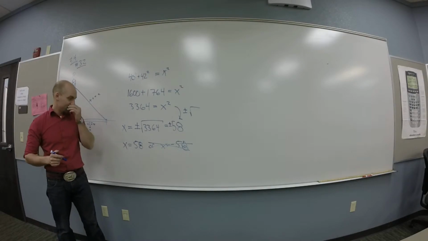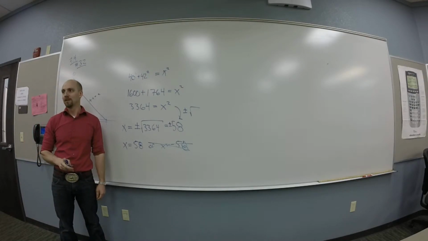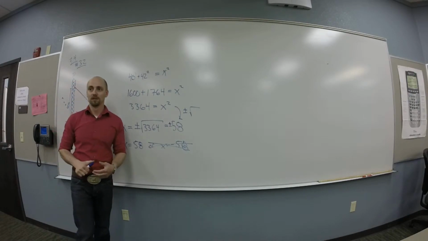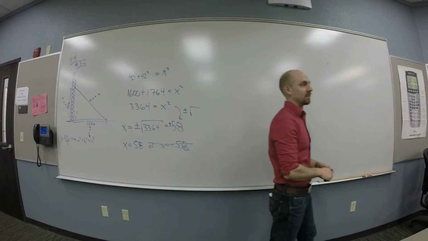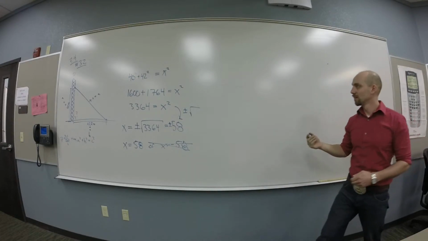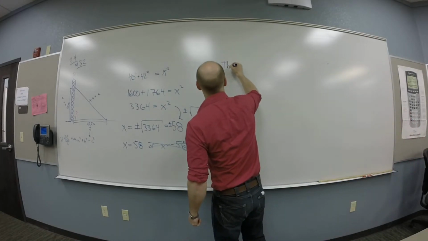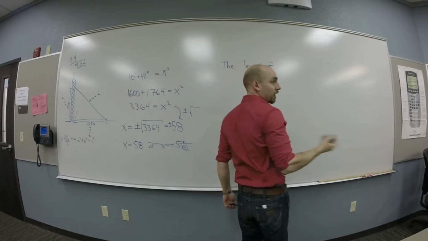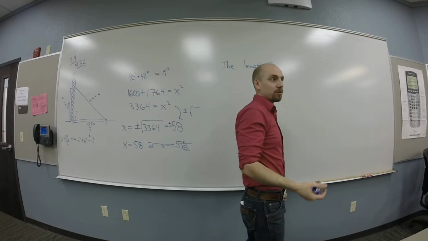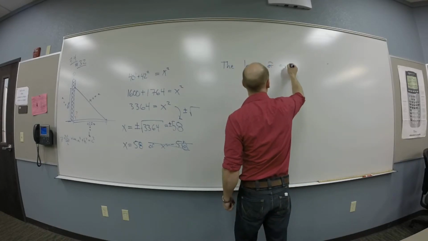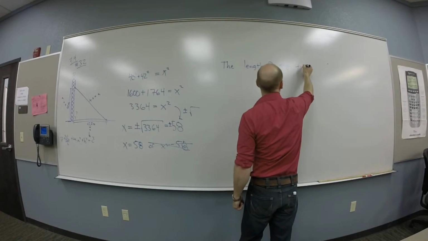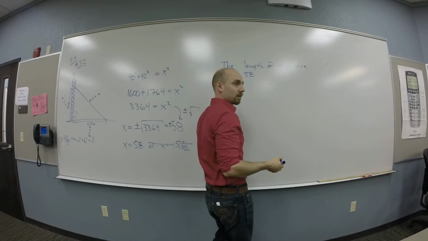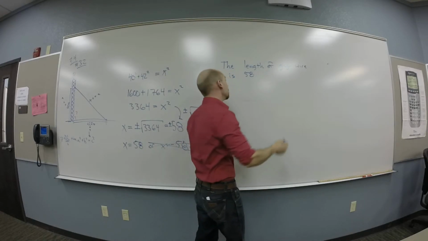So do I circle 58 and call it a day? Yeah, we should write a sentence, right? Like a person. What's your sentence like a person say? The length of the line is going to be 58 feet. Okay, so the length of, and they called it something, so I should call it that too. Guy wire. They called it a guy wire. Is 58 feet.